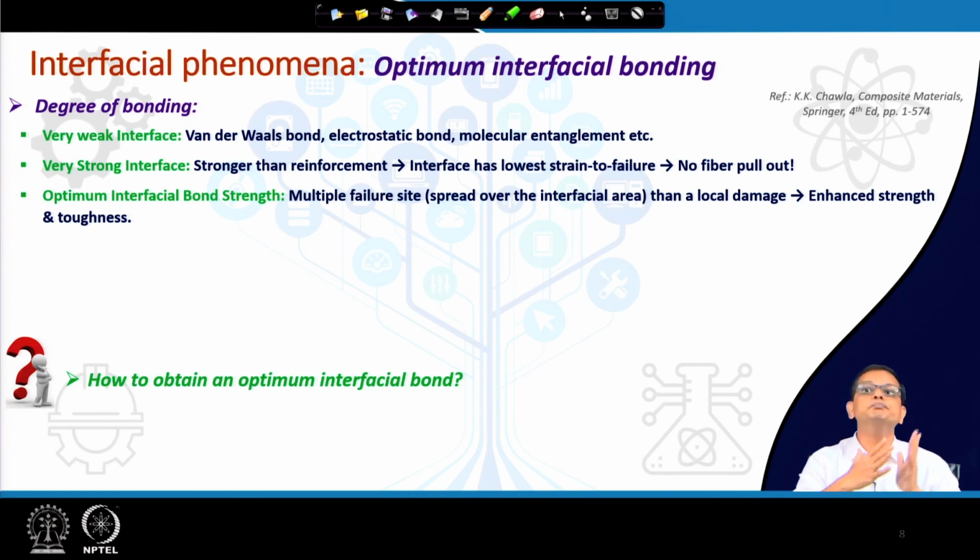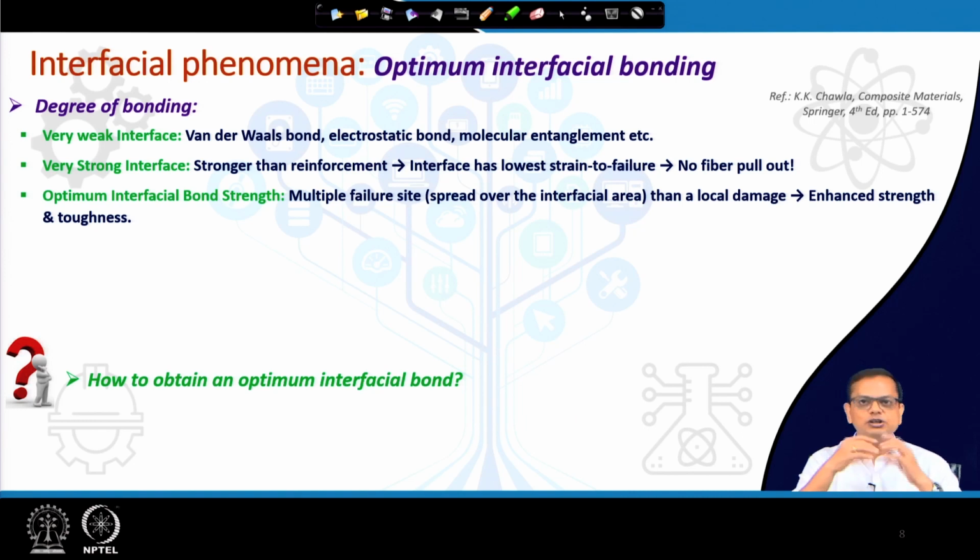Okay. So, that hampers the fracture toughness, and we call it an optimum interfacial bond strength when at the interface there will be multiple failure sites. That means the interface is quite strong. Okay. That is what we want, the interface is strong, but then at application of higher load, at multiple sites of the interface there will be failure, which will basically absorb the energy of loading.